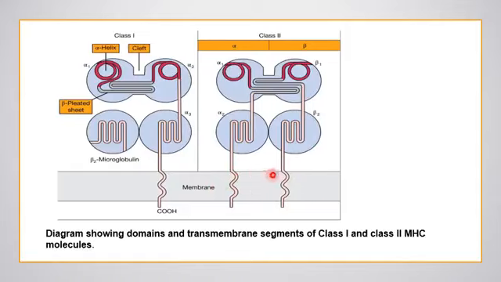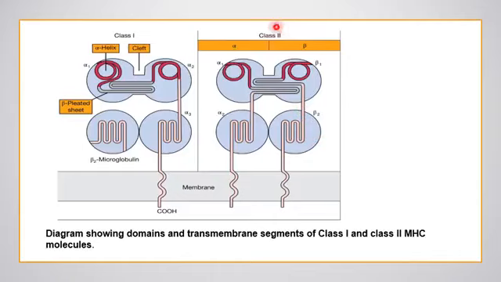Okay, the alpha chain has two external domains, which are called alpha 1 and alpha 2, okay, and the beta chain, beta 1 and beta 2. It consists of two external domains as well, beta 1 and beta 2.